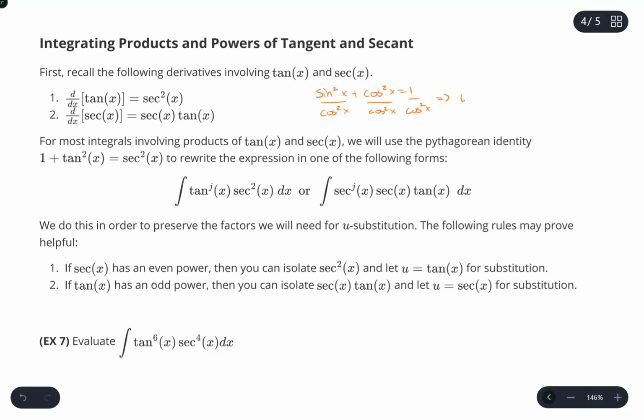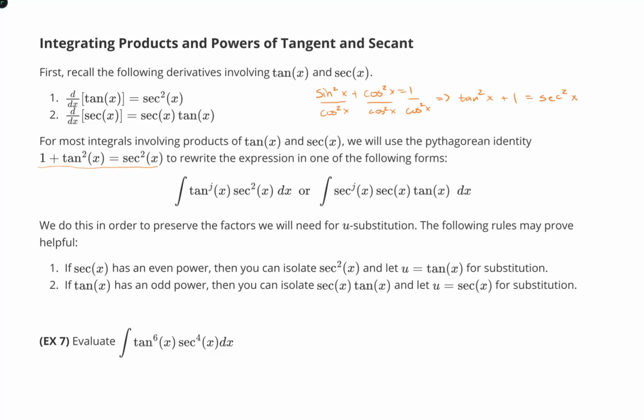Sine over cosine gives us tangent. Cosine over cosine is 1. And 1 over cosine is secant. So if you take the original, divide by cosine, you end up with this one right here. It makes it a little bit easier to develop if you just don't remember the positioning of that positive 1. Because in these integrals, that's going to make a big difference.